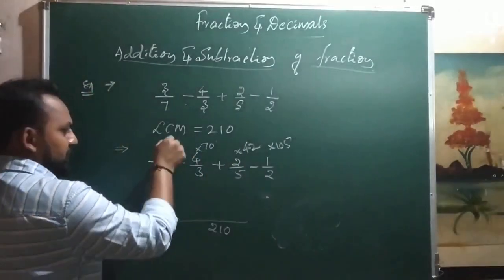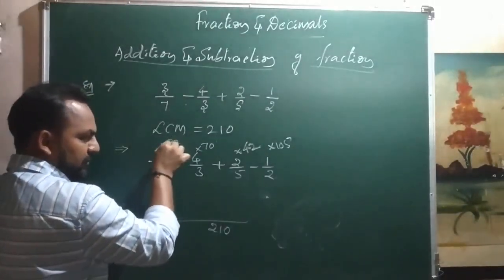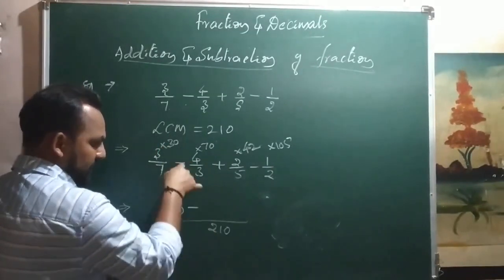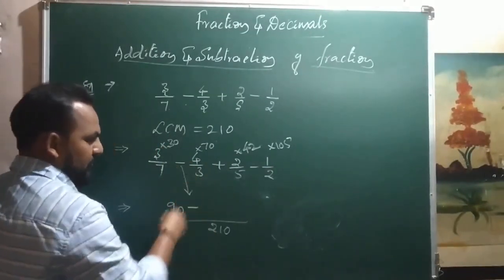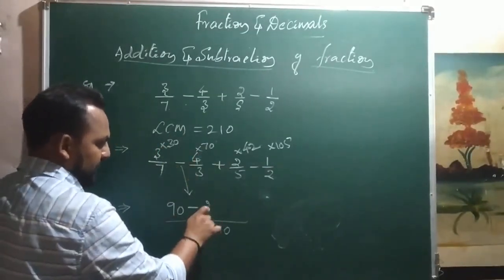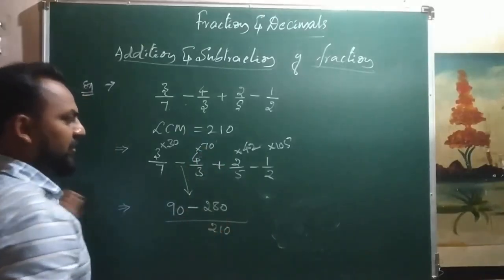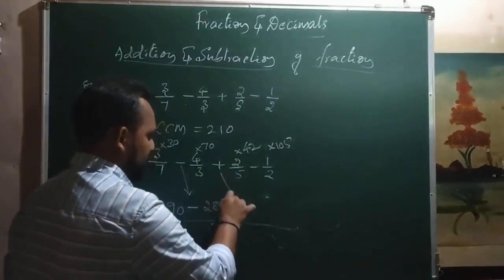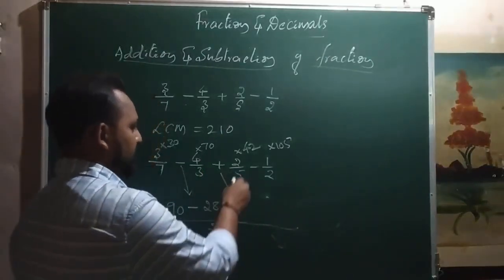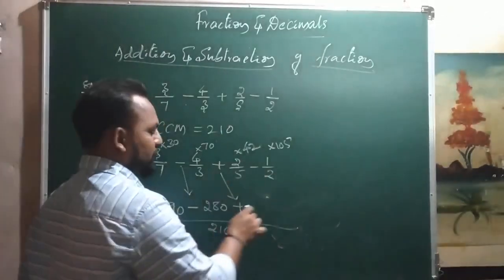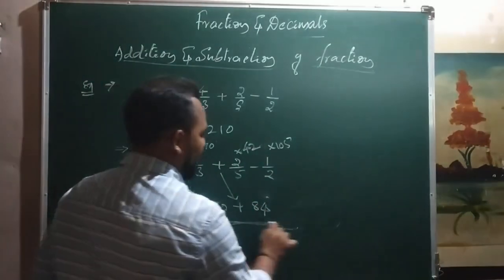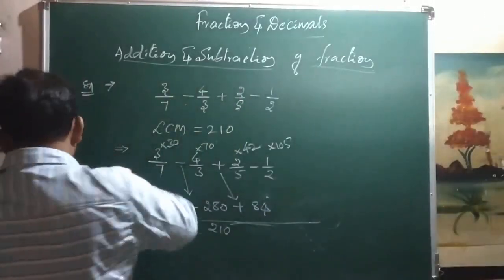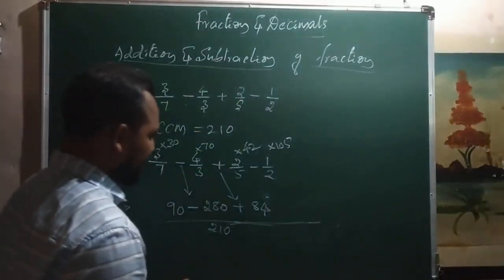Next, multiply the numerator by the quotients. 3 30s are 90. As it is minus, 4 70s are 280. Then plus, the sign is positive: 2 42s are 84.